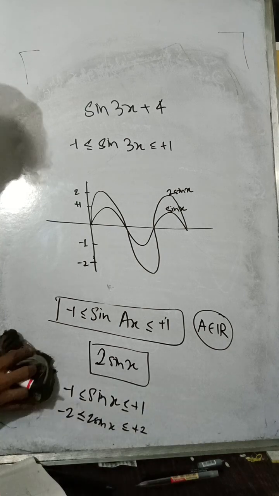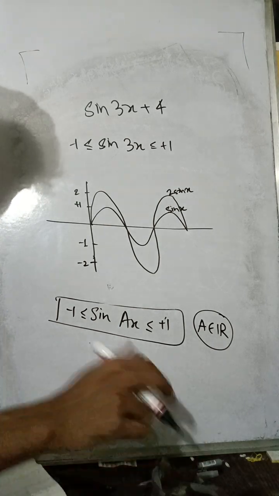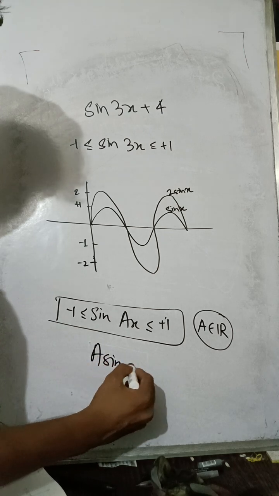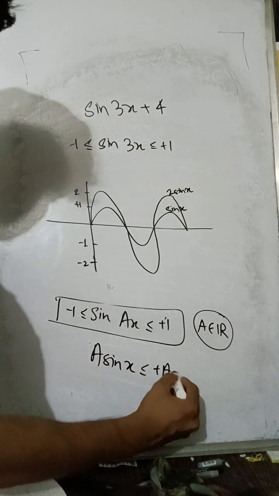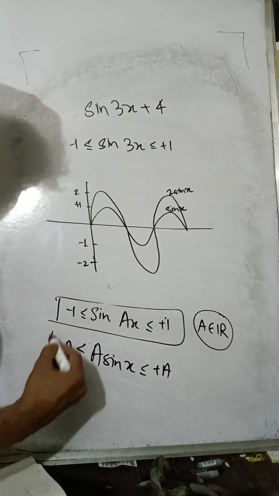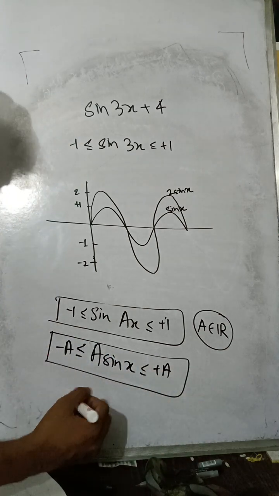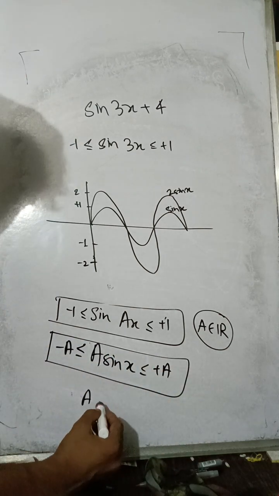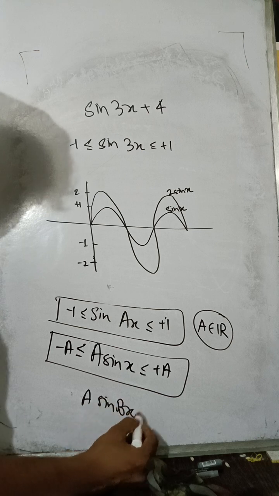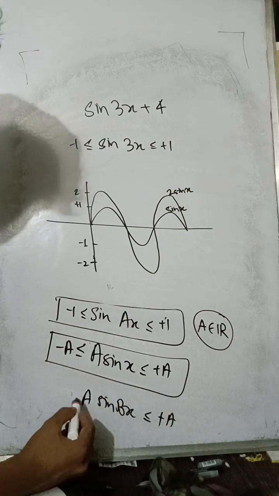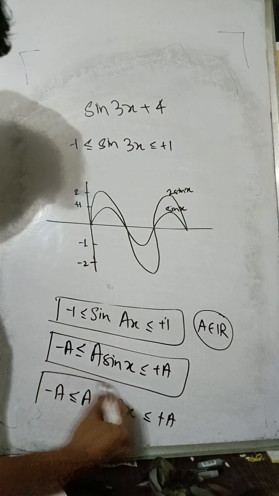So we can say if a sine x, then its maximum value is plus a and the minimum value is minus a. If this is a sine bx, then it will be plus a to minus a. I hope you are understanding this.